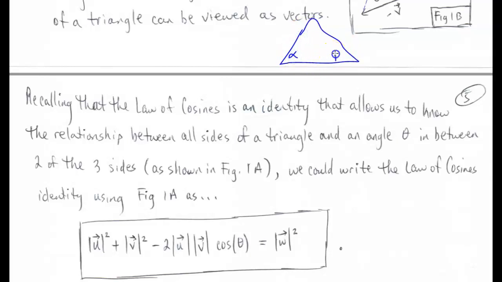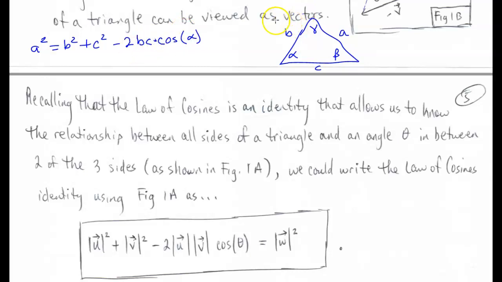Let's say this is alpha, beta, and gamma, and let's say this is A, B, and C here. Then, of course, we know that the law of cosines says that A squared is going to be equal to B squared plus C squared minus 2BC times cosine of alpha here, okay?